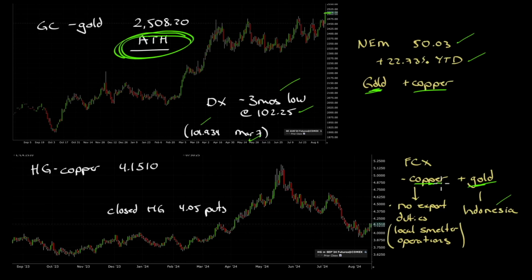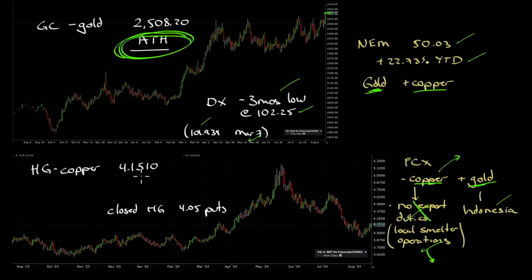The nice thing about FCX, they've got their local smelter operations underway in Indonesia, and any copper output from here has no export duties. They export copper concentrate, they have export duties, so those will disappear, which will just increase margins on their copper side.